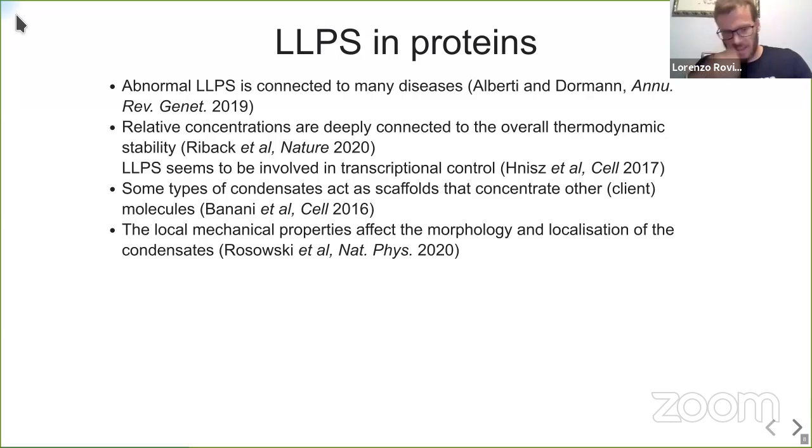It can act as a way of creating scaffolds that recruit clients, so small molecules that are maybe involved in some other reaction. And since it's so sensitive to changes, it can also be affected by, for example, changes in the local mechanical properties of the cell. It has also been hypothesized that that's a tool for controlling the appearance and disappearance of these things.